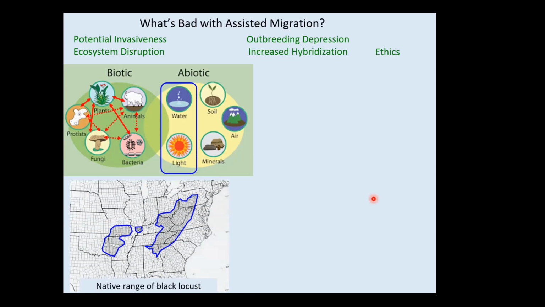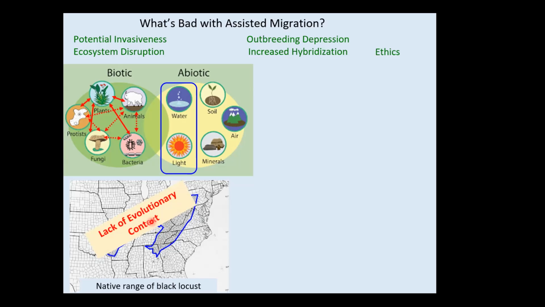I'm sure many of you have run into black locust in Iowa and have discovered it does not behave like a native species. It is one of our most terribly invasive species. Just moving a species native to North America 500 miles into Iowa was enough to make it a terribly invasive species. Can't we learn from this? The problem here is that they're not taking into account this evolutionary context.